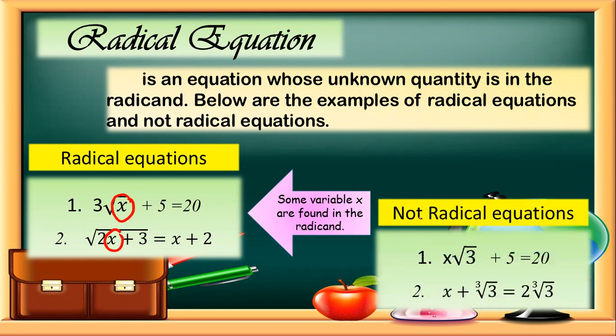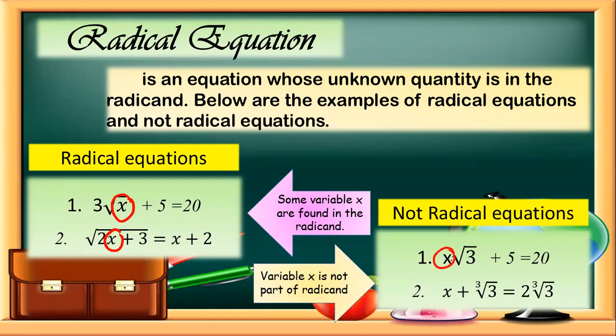This one is not an example of a radical equation because the variable x is not part of the radicand. The x here is outside the radical symbol. So remember, these examples are not radical equations.